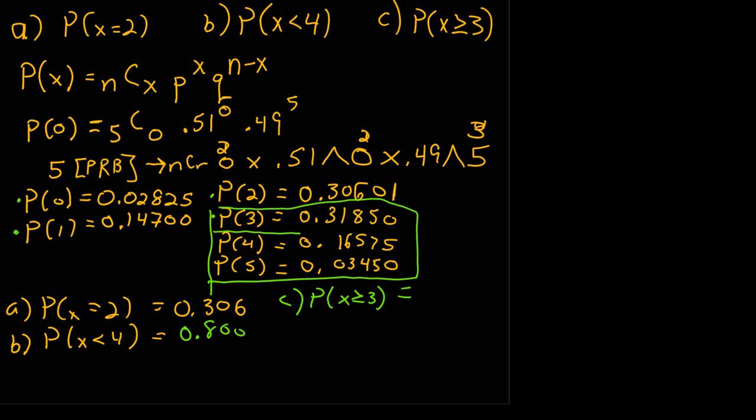And I get 0.519. And none of these events are unusual because none of them are less than 0.05.